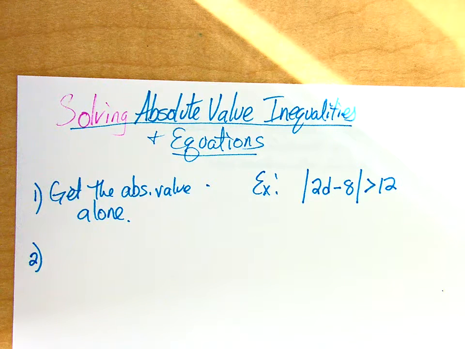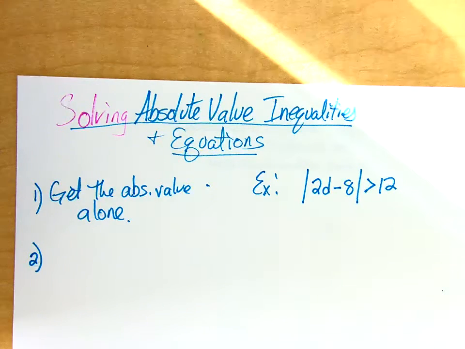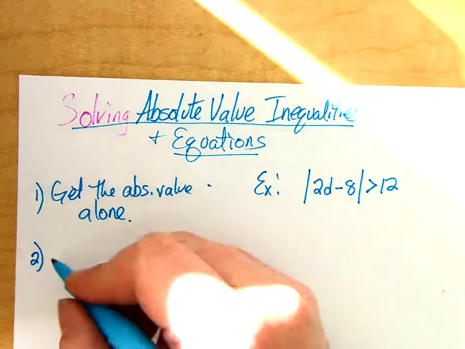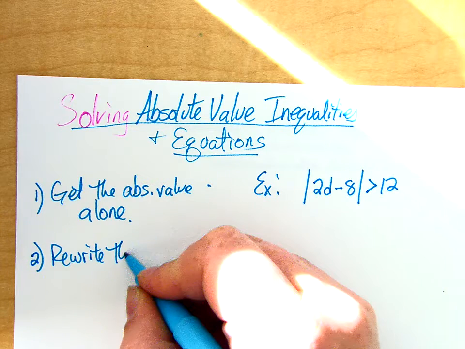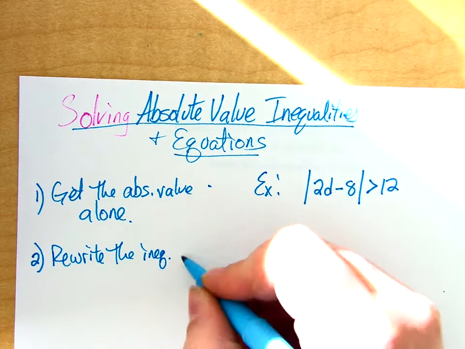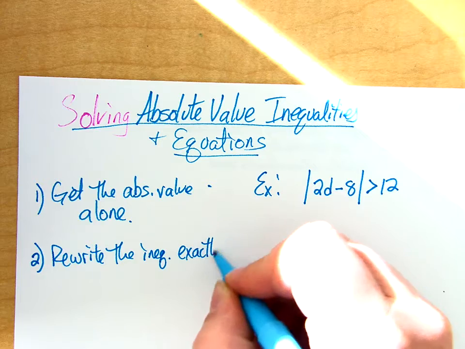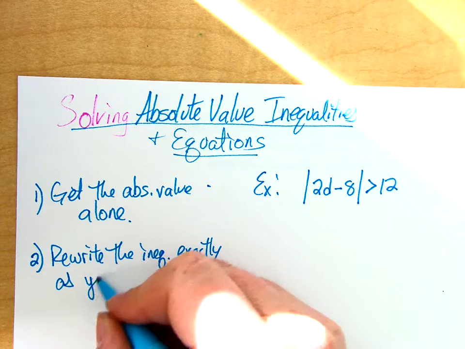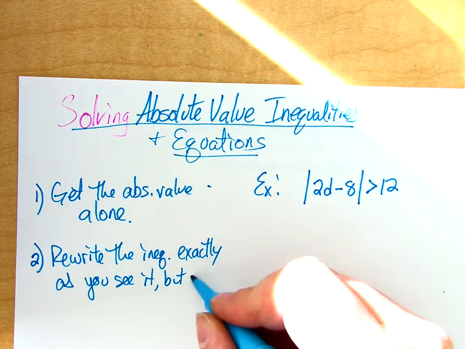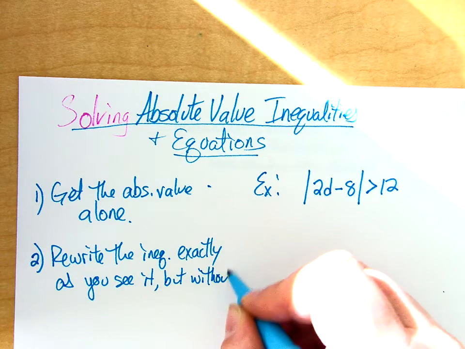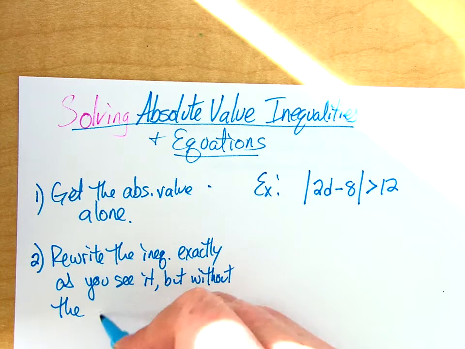Ready? Once you have the absolute value alone on its side of the inequality sign, you're going to rewrite the inequality twice. Once, exactly like you see it. Rewrite the inequality exactly as you see it, but without the absolute value bars.